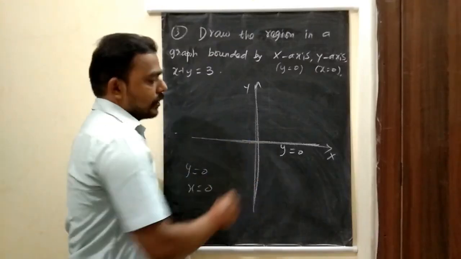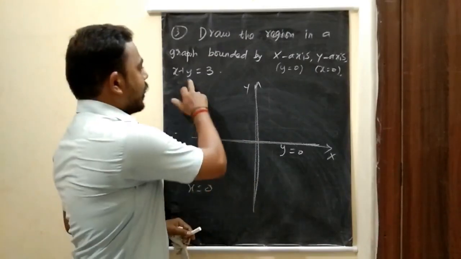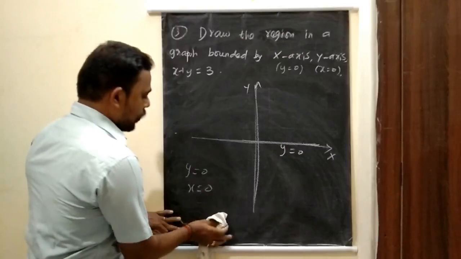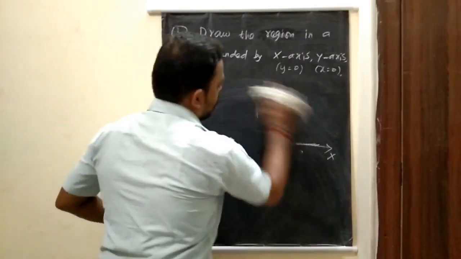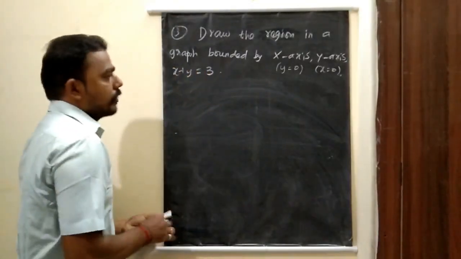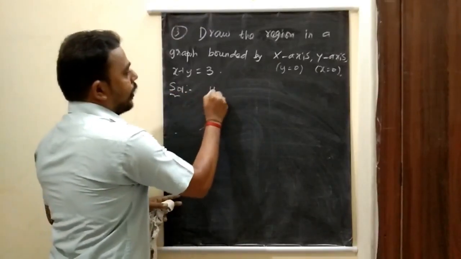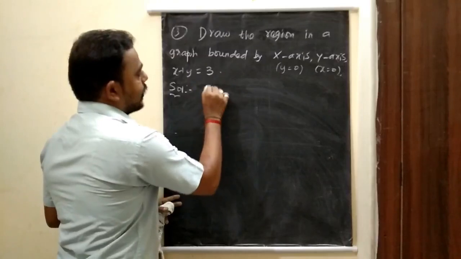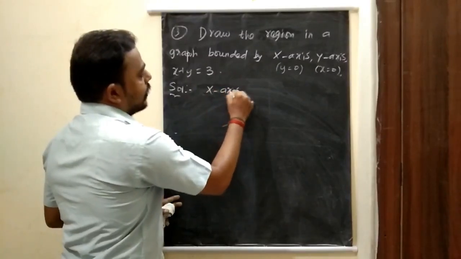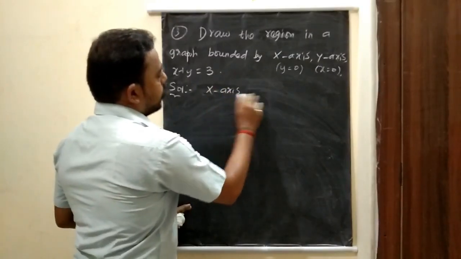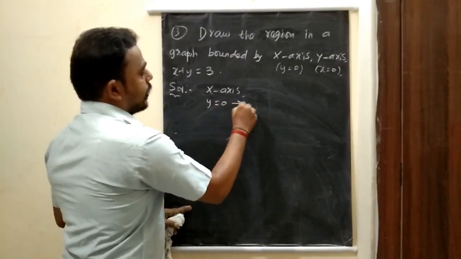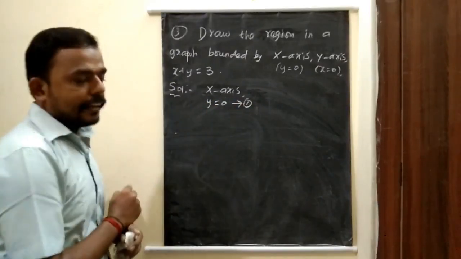Now two lines, and bounded by another line also given. So for that we need to find the solution, or points of the graph. The solution: let y equal to 0. That is the x-axis, right? That is y equal to 0, like the first equation. This is the first line.